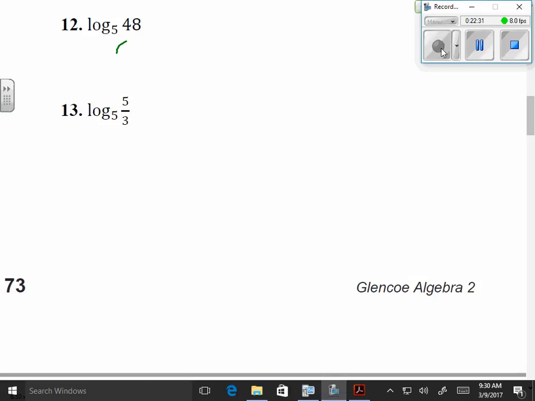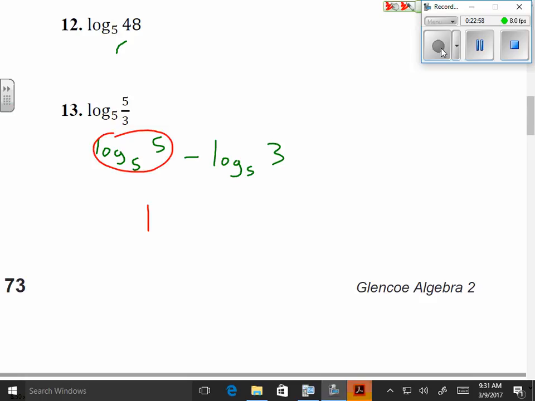What can we do with number 13? You could change it to subtraction. To change it to subtraction, it'd be log base 5 of 5 minus log base 5 of 3. Log base 5 of 5 is 1. Very good. Recognize what that is: just 1.